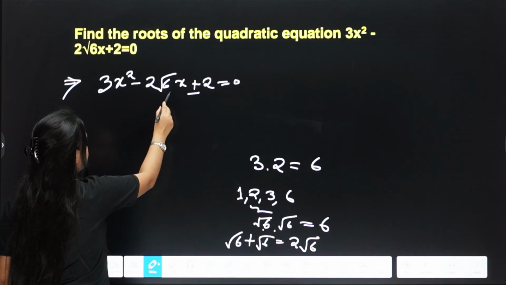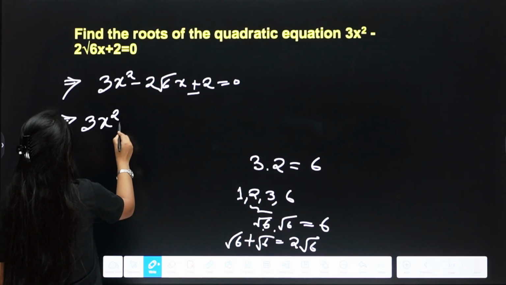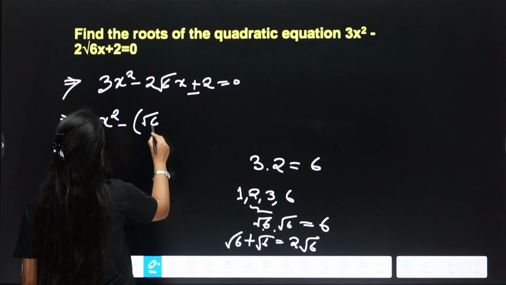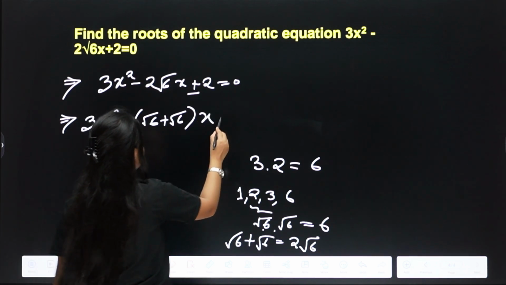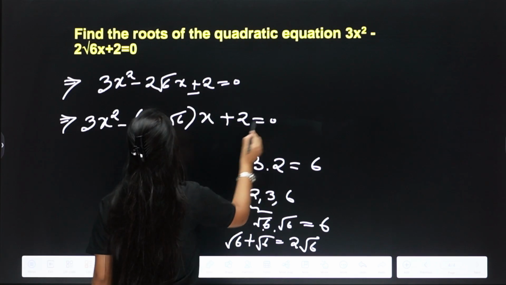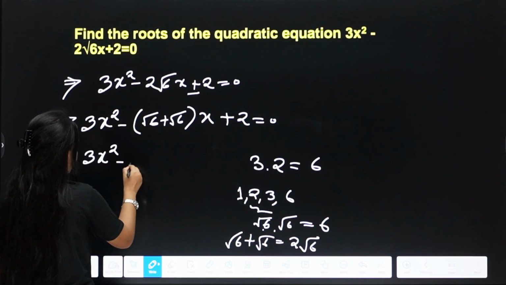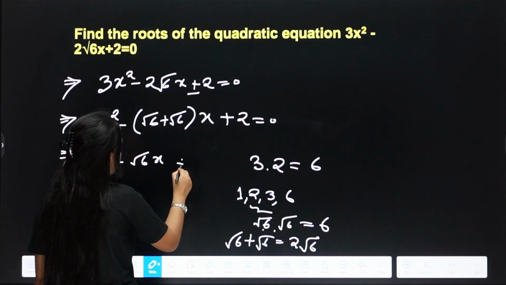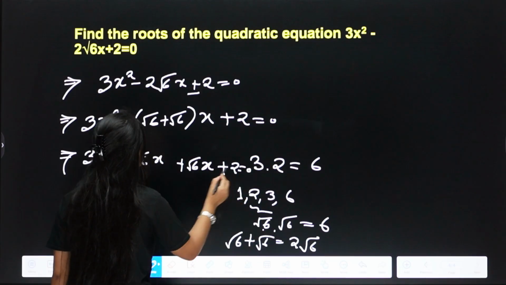So we will write 3x square minus root 6x plus root 6x plus 2 is equal to 0.